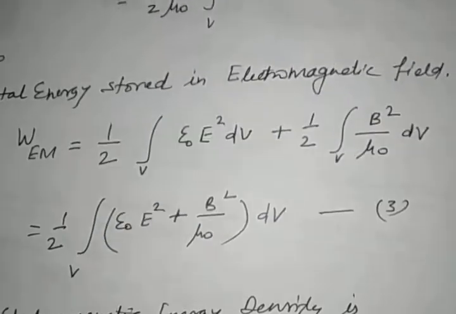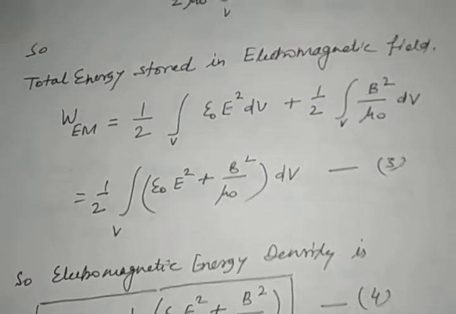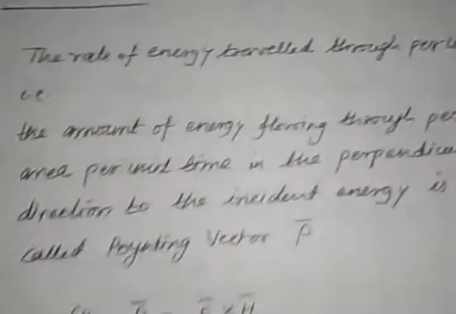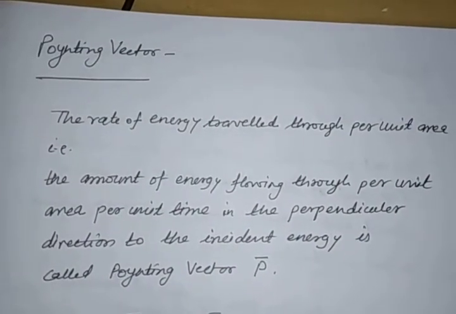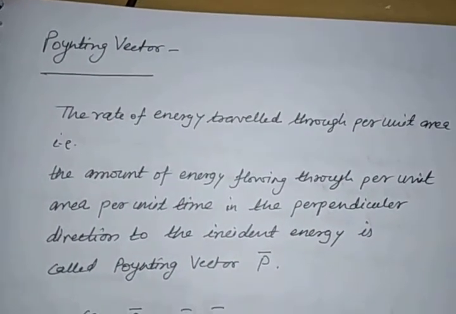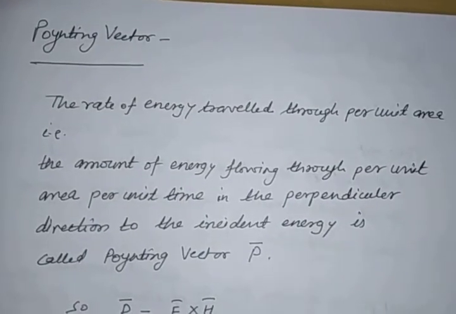Okay, so now the most important part we are going to discuss is the Poynting vector, and I request all of the students to concentrate on this and the derivation part also, because it requires some definite steps.